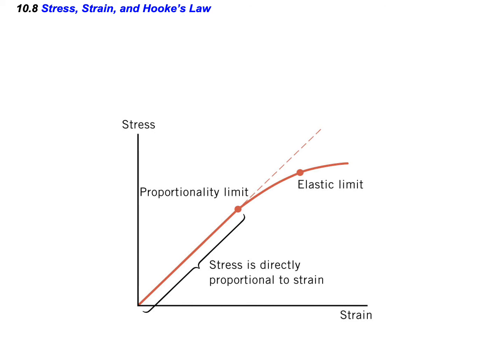This table shows stress over strain. Stress is the force applied over an area, and strain is the ratio of the change in length to the initial length, or the area change to the initial area, or the volume change, delta V, to the initial volume V naught. This ratio of stress to strain is proportional up to a certain point.